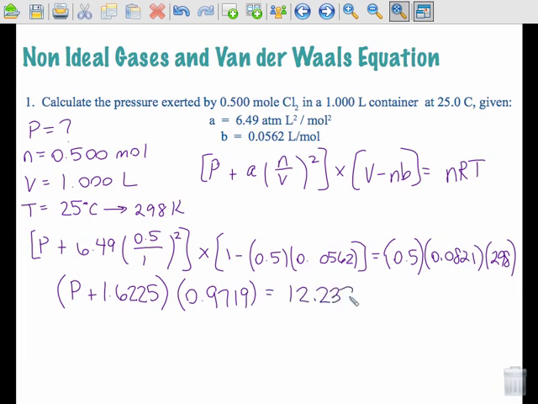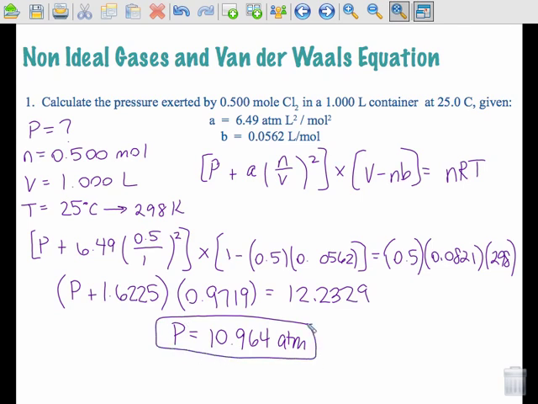That equals 12.2329. Then from here, it's pretty easy to solve for P, which is going to be 10.964. And my unit for P is going to be in atm. If you don't know why, remember that the ideal gas constant, 0.0821, is only for when the pressure is in atmospheres.